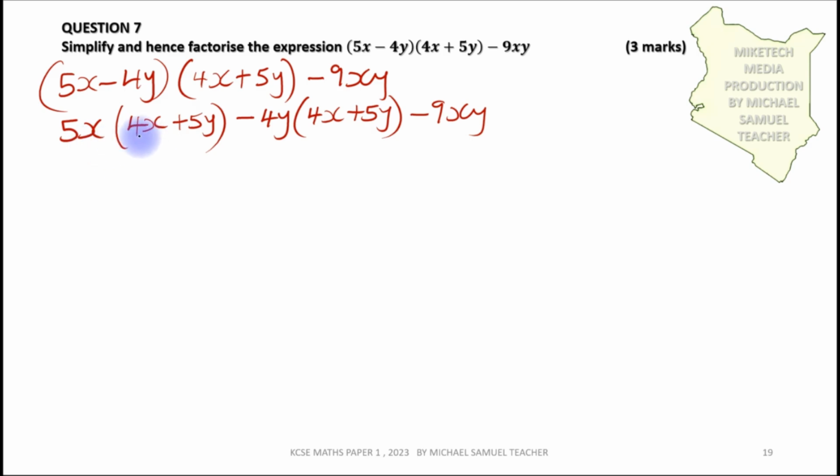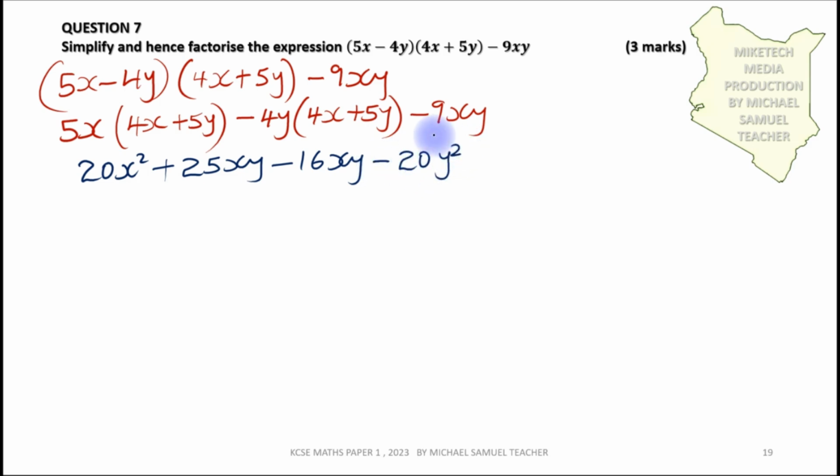So opening the bracket, 5x times 4x, that is 20x squared, then plus 5x times 5y, that is 25xy, then 4y times 4x, that is minus 16xy, then minus 4y times 5y, that is minus 20y squared, and then minus 9xy.